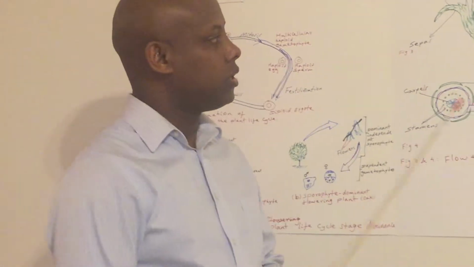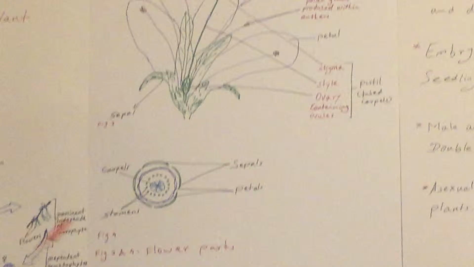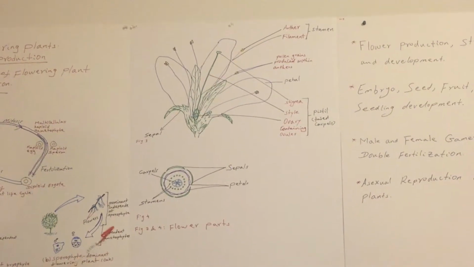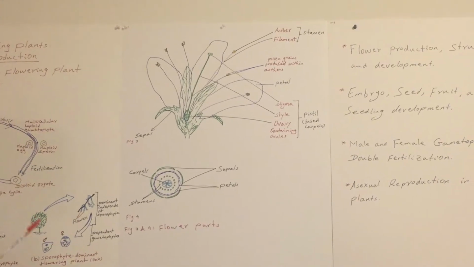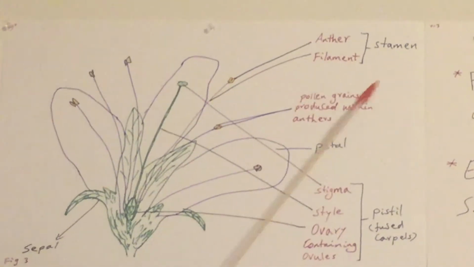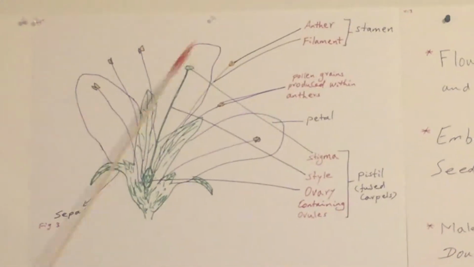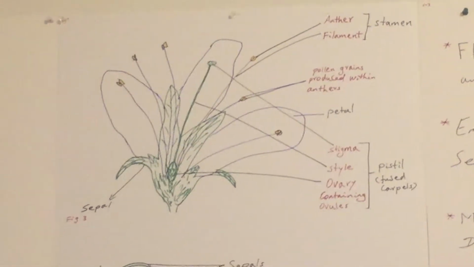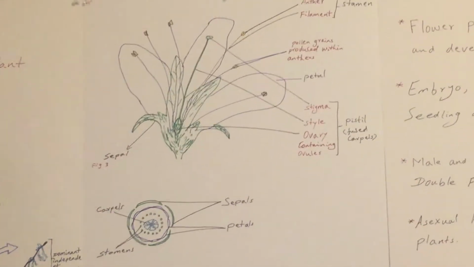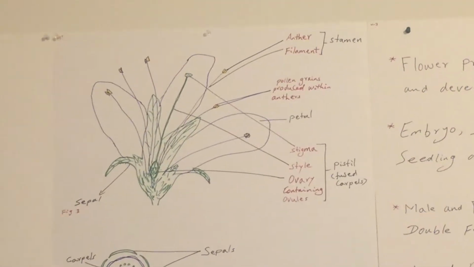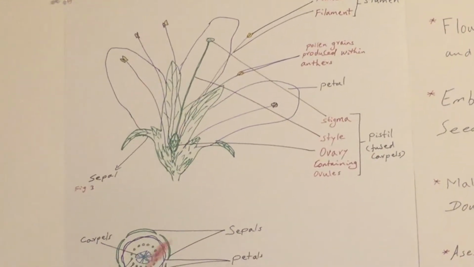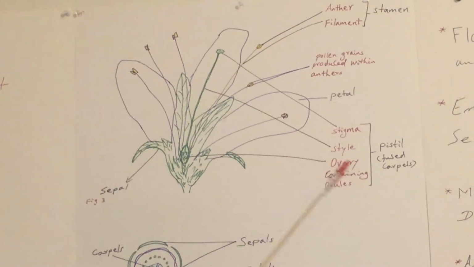organs. As we look in here, there is the sepal and the petal, the stamen and the carpels. The stamen produces the pollen. That's what has the anther and the filament. That's the male section right there. And the carpels, which is the female section, contains the female gametophyte and has a stigma right here at the top.